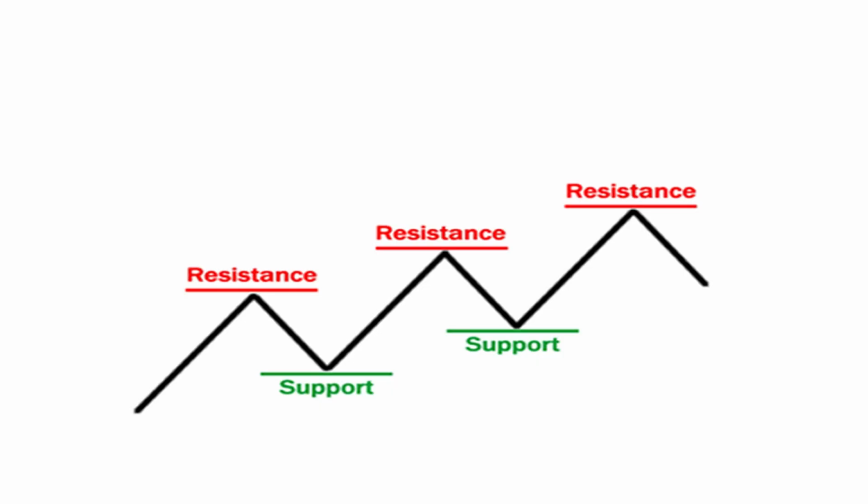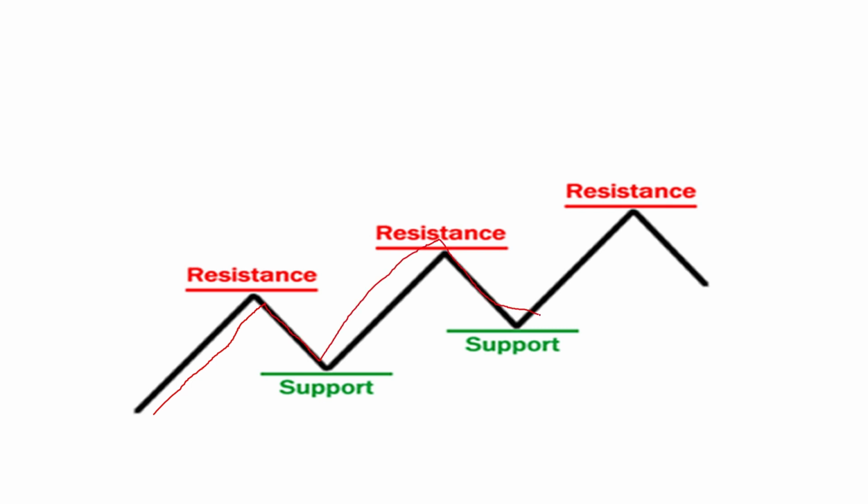So these are my support and resistance zones. And we talked about how support and resistance zones are created using supply and demand. As you can see here, price goes up like that and like that, and it goes like that.